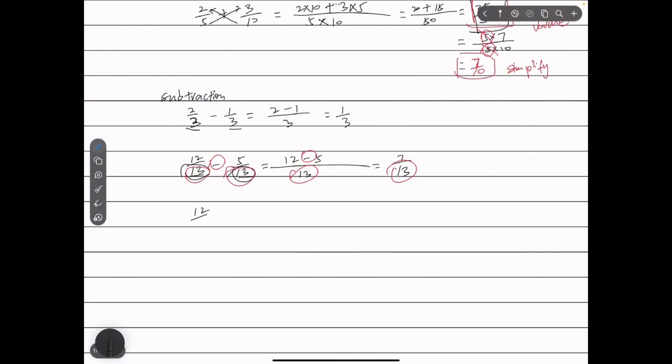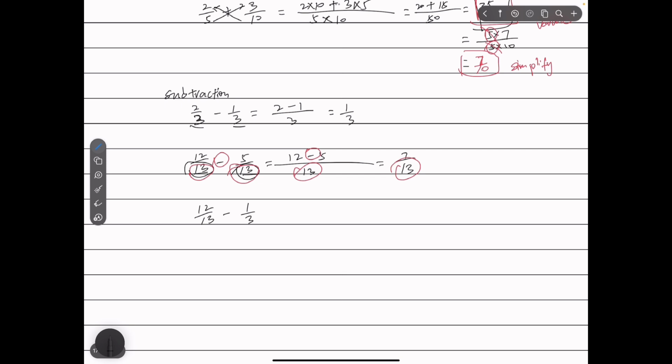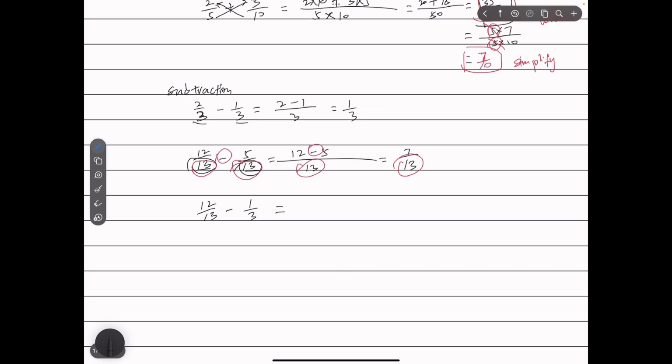Let's say 12 over 13 minus 1 over 3. What will that give us? So first, the same thing as we do the addition, we need to get the LCD. We still need to get the common denominator.